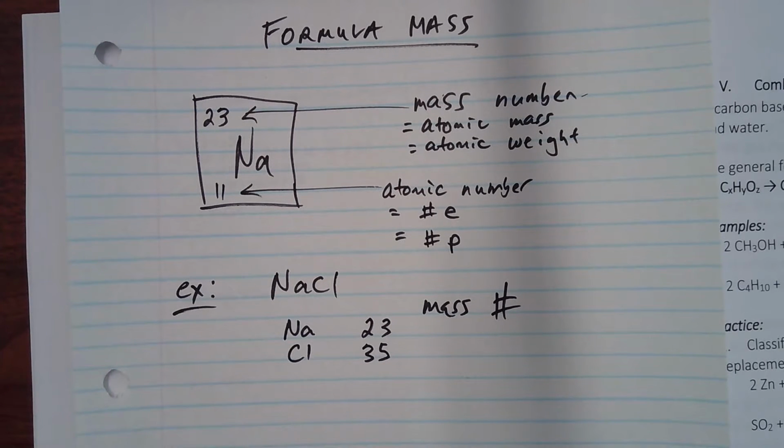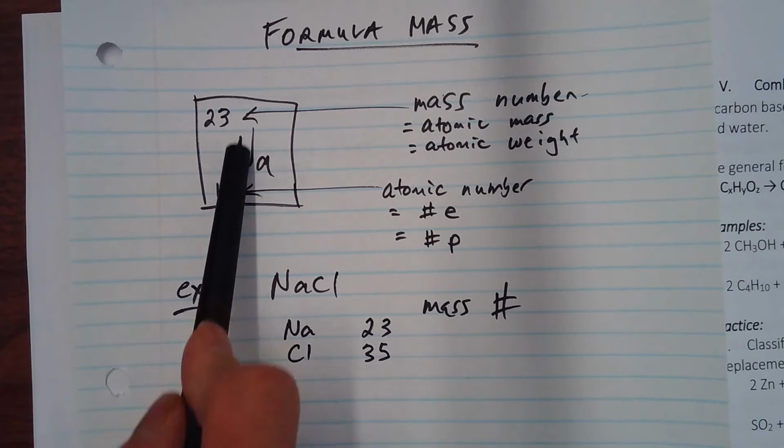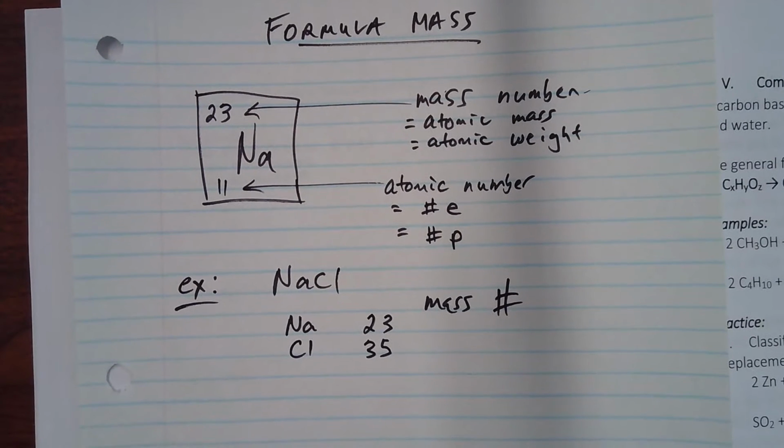So don't think of it as the number on the top and the number on the bottom. Think of it as the larger number versus the smaller number. Okay? The periodic table that I have at home, and I have one in my shower curtain in my kids' bathroom, actually is this way. So it doesn't matter as long as you know which is which.